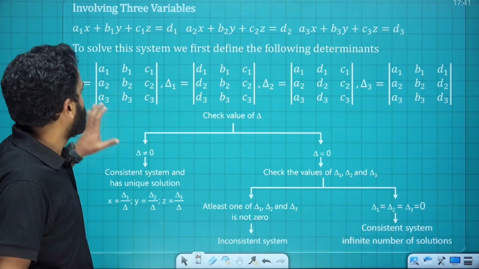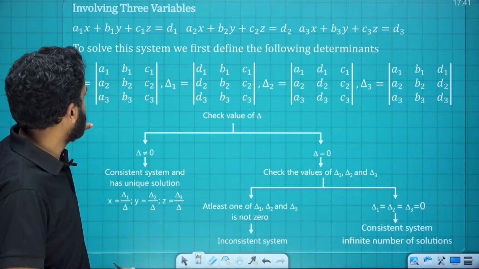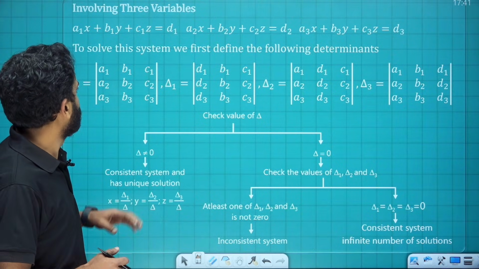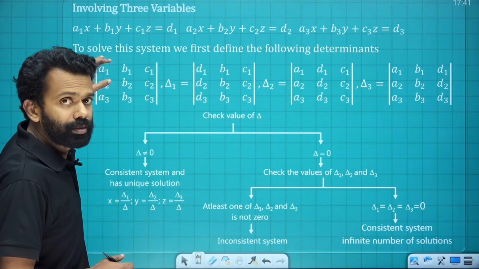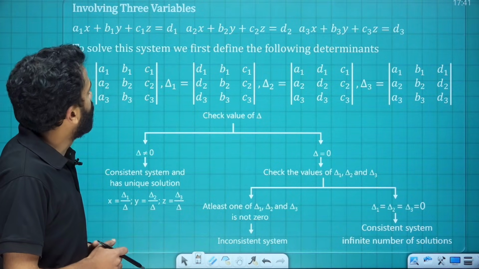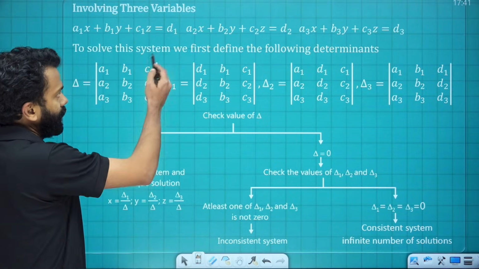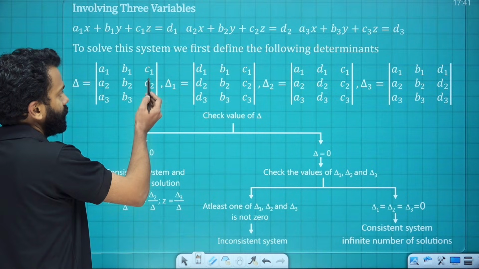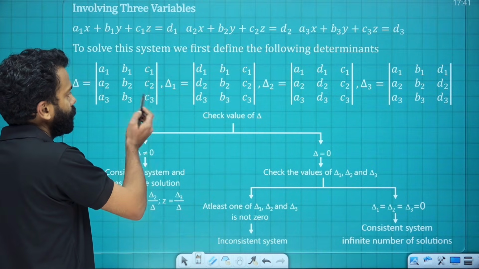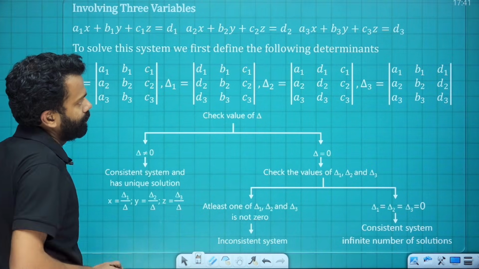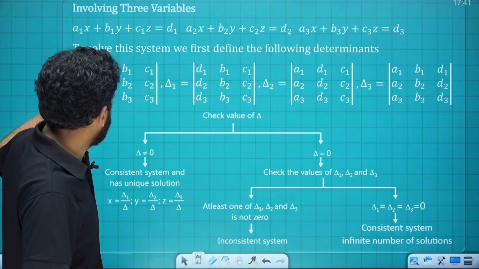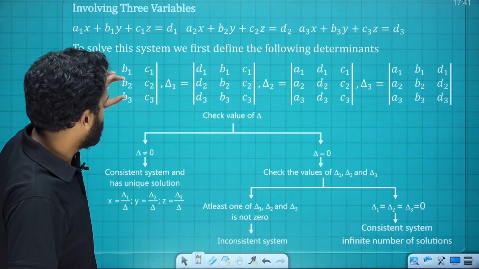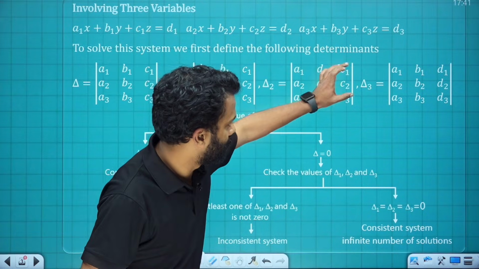What we have to do is normally form four determinants mainly. First one is the coefficient determinant, that is the coefficients of the corresponding x, y and z variables for the three equations: a1, b1, c1, a2, b2, c2, a3, b3, c3. Okay, and the four determinants are to be taken as delta, delta 1, delta 2 and delta 3.